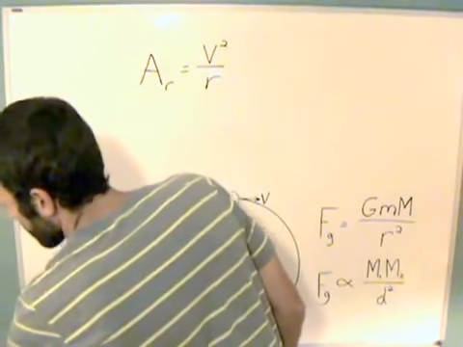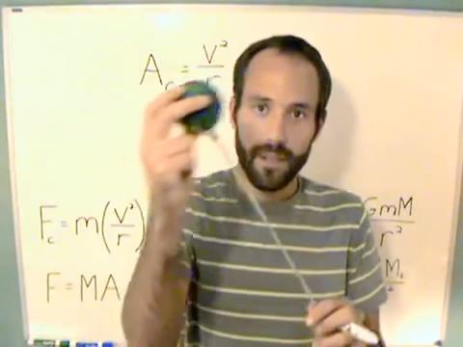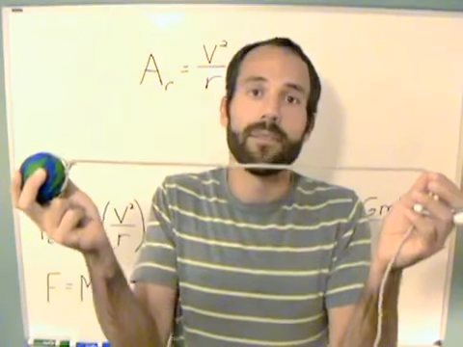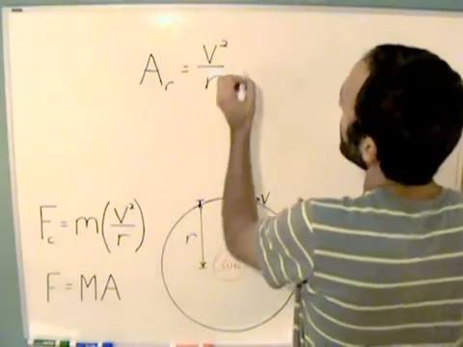Let's say, just for a quick example, that when I'm spinning this, it's traveling at 1 meter per second, and let's say that the length of this string is 1/10 of a meter, just to keep it easy, which is 0.1 meters.